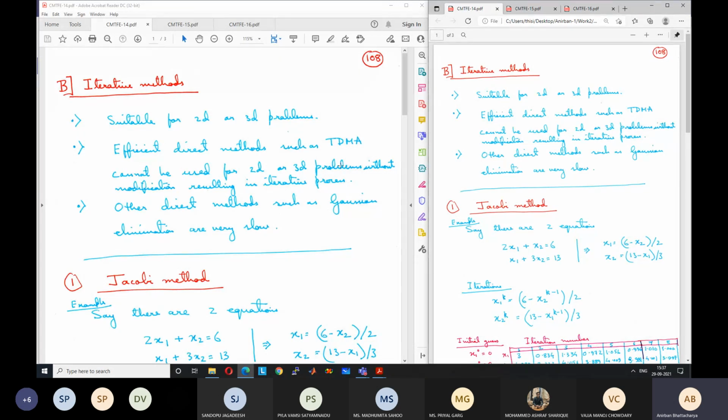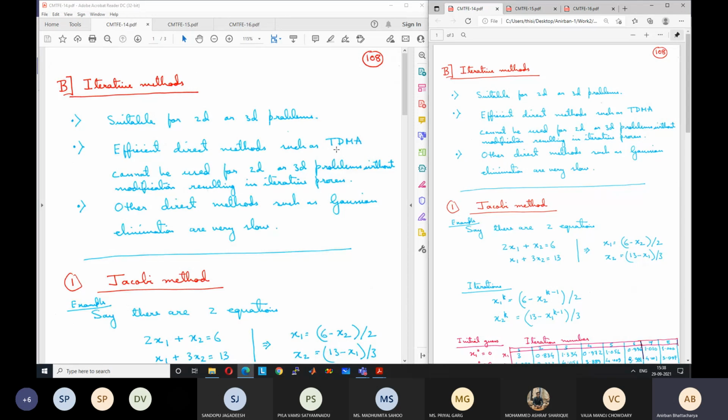But the problem is that the tridiagonal matrix algorithm can only work for 1D problems, not for 2D or 3D problems. What was the reason for that? Why can it not be used for 2D or 3D problems? We have already discussed these things.